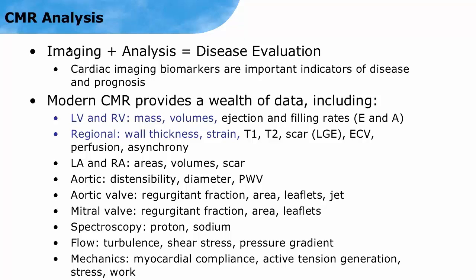We can get a long way with that, but we also want to quantify in terms of indices which are readily understood by the patient and the clinician what the cardiac performance status is. And we've heard about a wealth of data that MRI provides the clinician. So I'm just going to concentrate on right and left ventricle volumes and mass and regional function in terms of regional strain and motion.